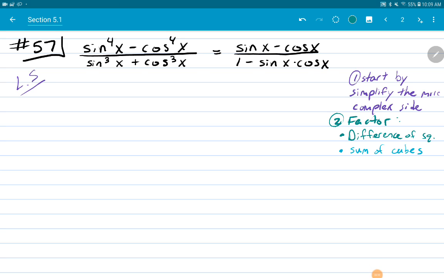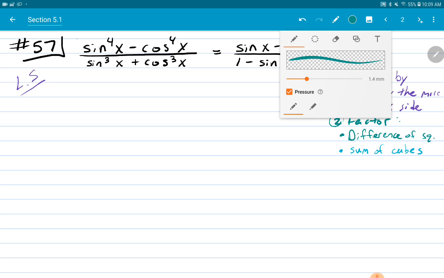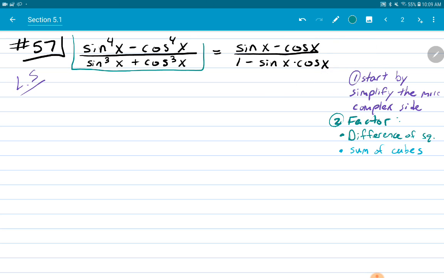So the numerator, we're going to do the difference of squares. Looking at just the numerator first, a difference of squares gives me sine squared x minus cosine squared x and sine squared x plus cosine squared x.